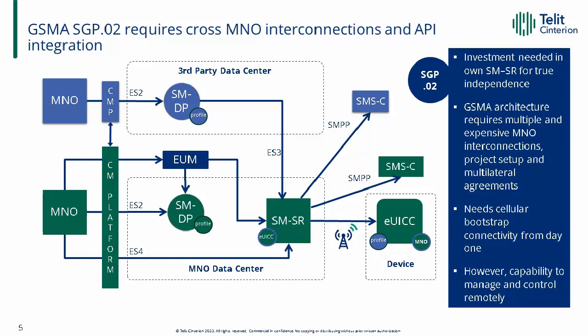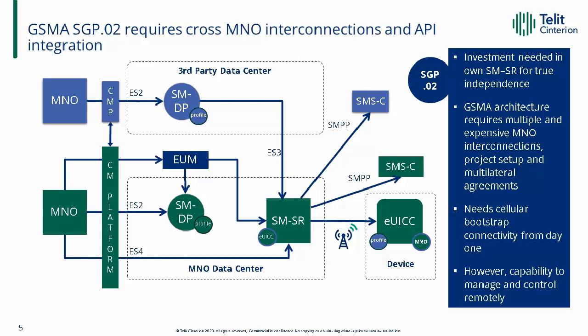So whenever you would like to build a new relationship with your MNO partner, you need to establish this ES3 connection in order to onboard their SIM profile and then to use their network. So that is always the challenge. So you need to have different agreements between different parties.